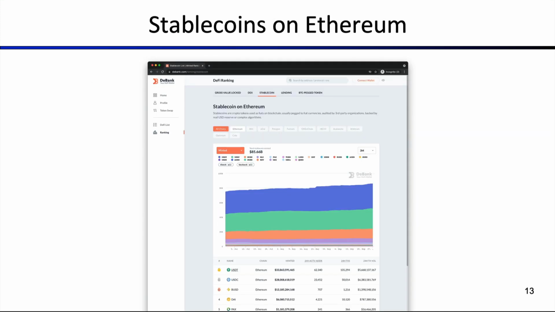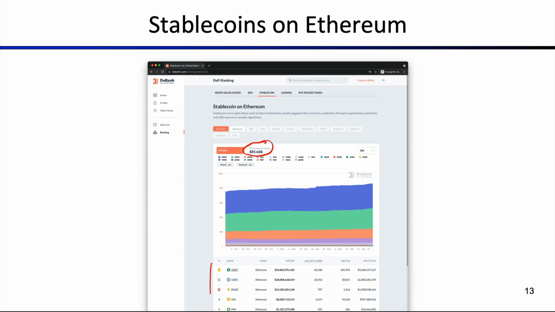If you look at the current rankings as of 2021 on stablecoins on Ethereum, you can see here how many stablecoins worth of US dollar were minted, at least according to these metrics. And you can see here the top ranked stablecoins, USDT clearly being the first, USDC second, BUSD, DAI, and PAX.